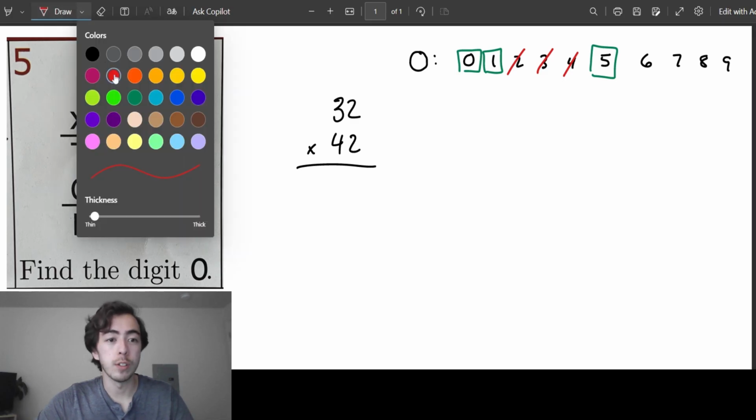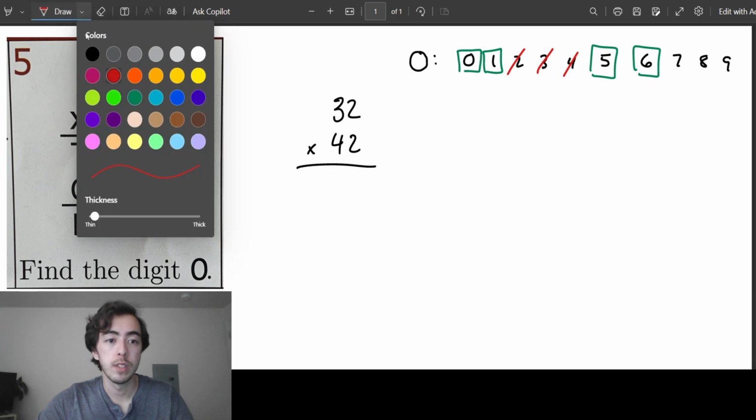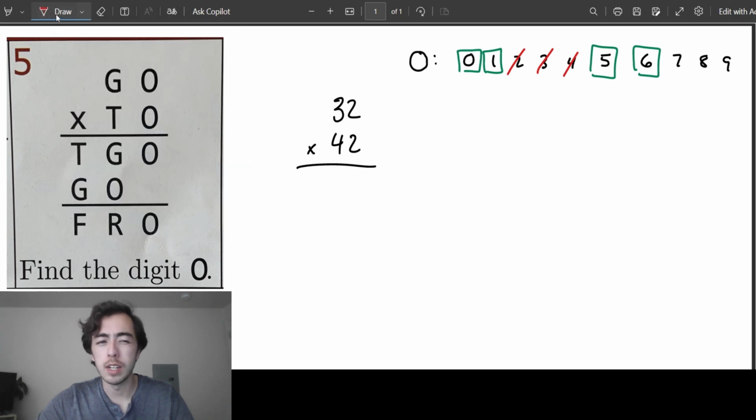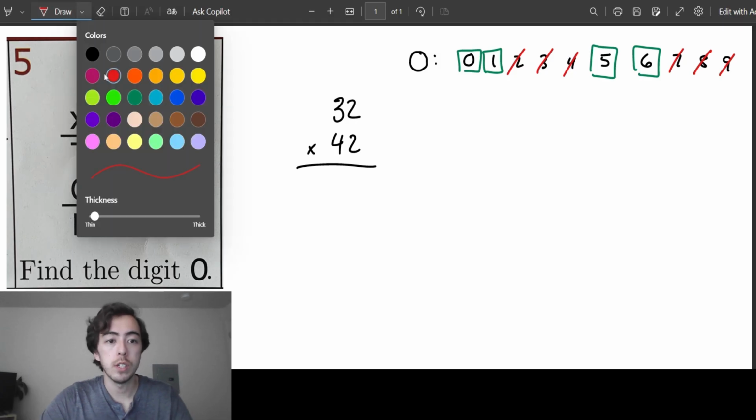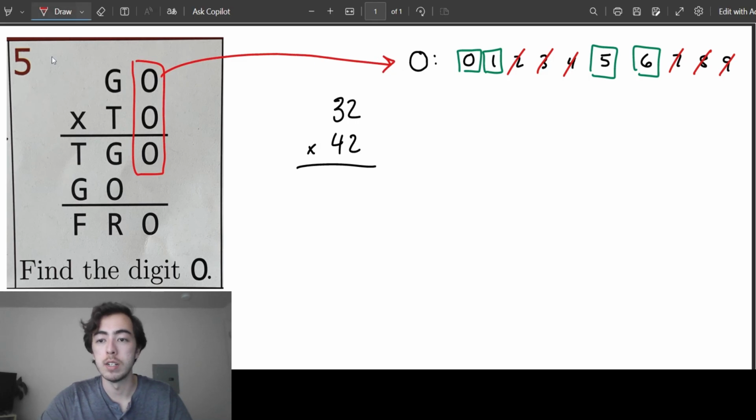Then 6 also works because 6 times 6 is 36. And then 7, 8, and 9 all don't because it's 49, 64, and then 81. So just looking at the ones digits, I can already rule out over half of the candidate numbers for O.